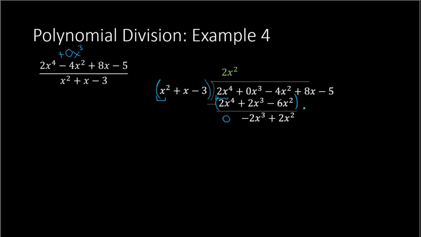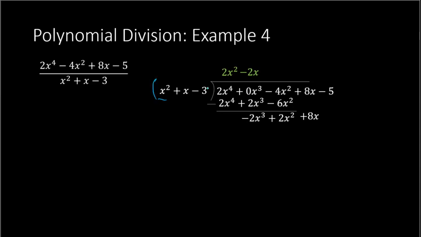All right, so now from here, we need to bring down this 8x and then repeat the process. So now we ask ourselves, what value would multiply with x squared, this first term, to get negative 2x cubed? Well, that's going to be negative 2x, because negative 2x times x squared would be negative 2x cubed.